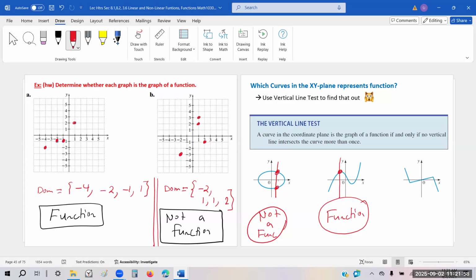Next. Any idea about the next one? You draw the line anywhere. I'm drawing here. The line intersects the graph only once, so it is a function.